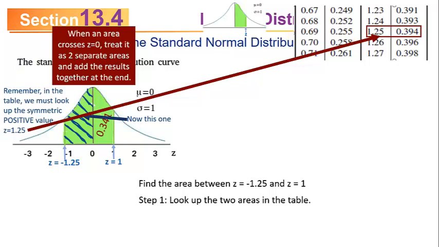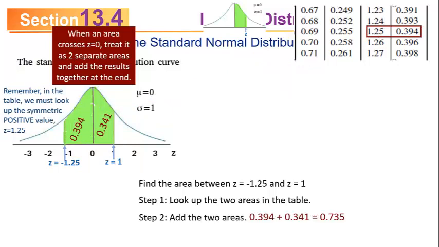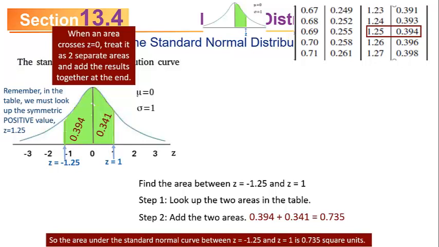And that comes out to be 0.394. So you have both of those areas. If you want the total area, you just add them up. 0.394 plus 0.341 is 0.735. So the area under the standard normal curve between z equal minus 1.25 and z equal 1 is 0.735 square units. You see how this works?